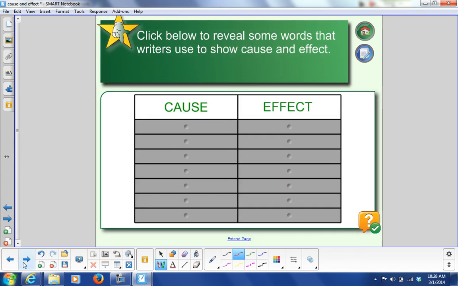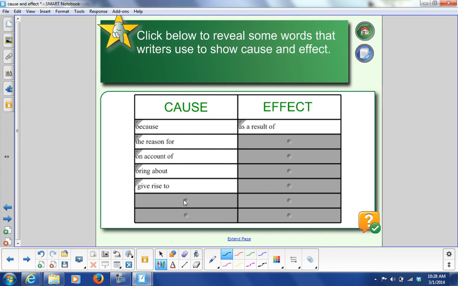Alright, so we're going to click below to reveal some words that writers use to show cause and effect. So you might want to take notes on this. Some words that writers use to show cause and effect: because, as a result of. Let's just go down the line for cause. So cause: because, the reason for, on account of, bring about. Something could bring about change.